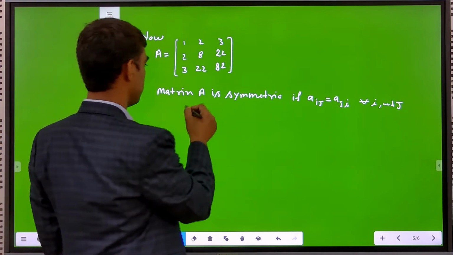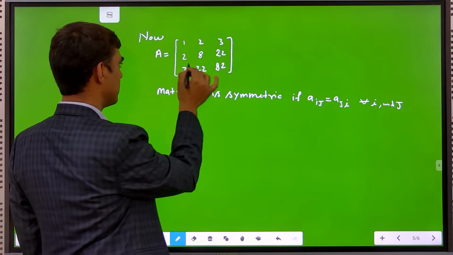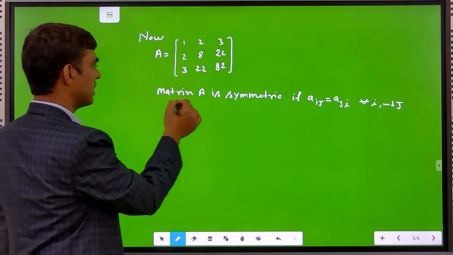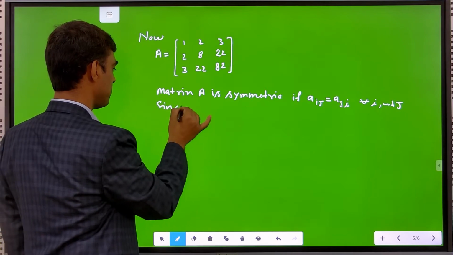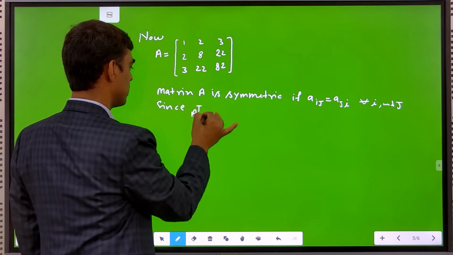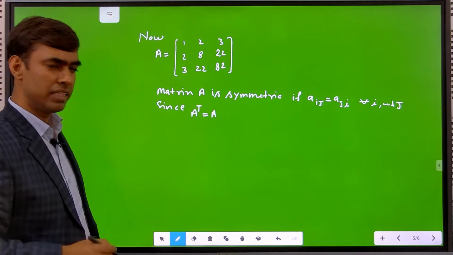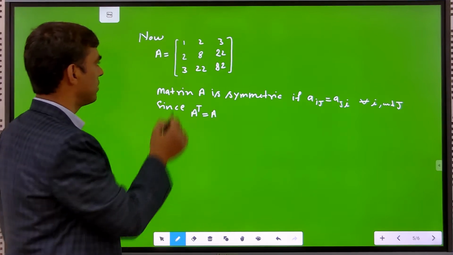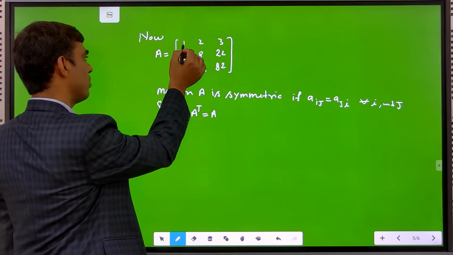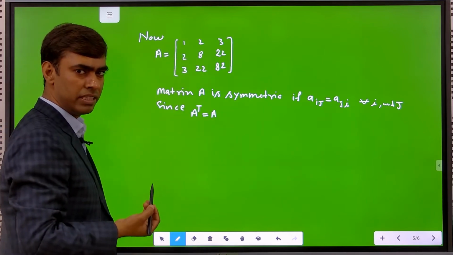Here the transpose of this matrix is the matrix A itself. Since A transpose equals A, the matrix is symmetric.